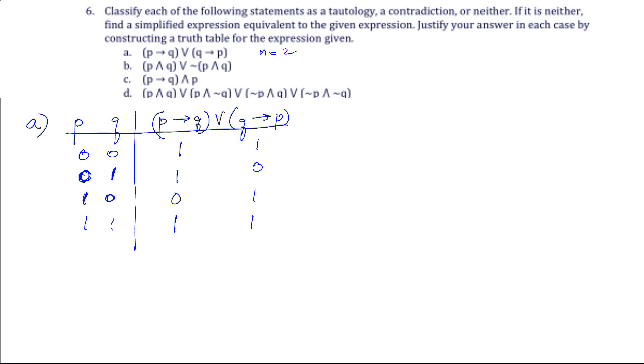And now I have 2 columns here, and I'm going to do an or between the 2 of them. And so it only takes one of them to make it true. And so this is a tautology. Okay, either P implies Q or Q implies P. And this is kind of a funny thing.